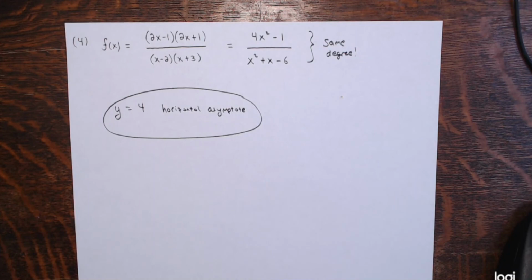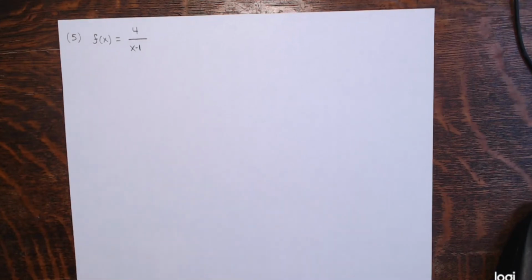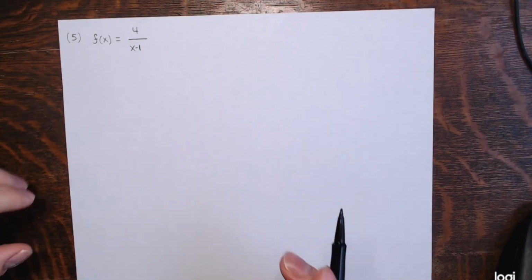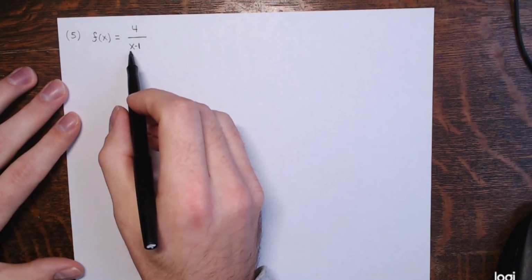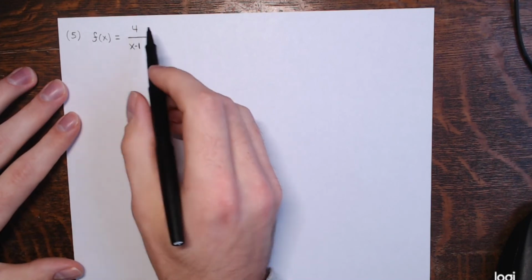Okay. Next example. All right, so this one's another simple one, I feel. F of x equals 4 over x minus 1. This is the case where the degree of the denominator is larger than the degree of the numerator.